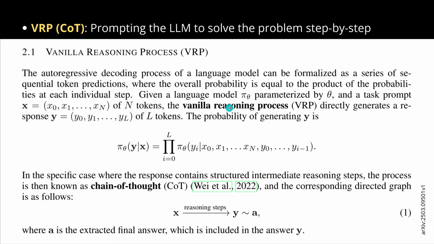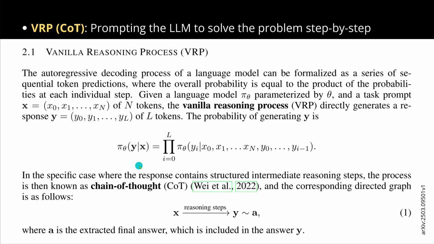Given a language model pi theta, parameterized by parameters theta, and a task prompt x, this is our input, where we have from x0 to xn, n tokens in our input. The vanilla reasoning process directly generates a response y, where we have from y0 to yl, l tokens. And the probability of generating y is exactly this one here.